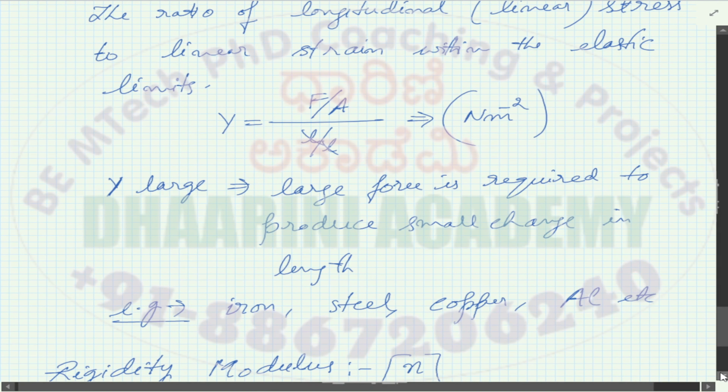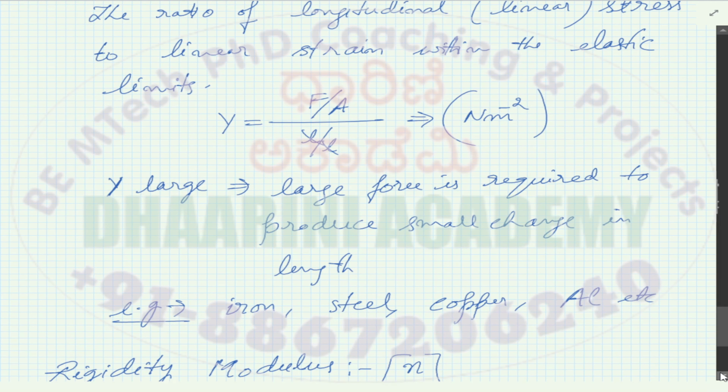Now, what is the significance of this particular number Y? You can calculate this value for many objects. If you calculate Y for a given material and find that it is a large number, for example, aluminum is very large, what is the meaning of that?